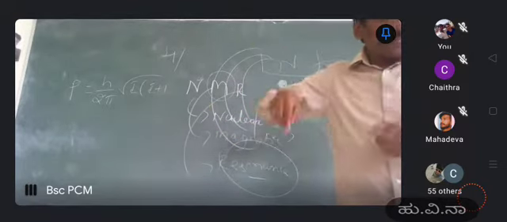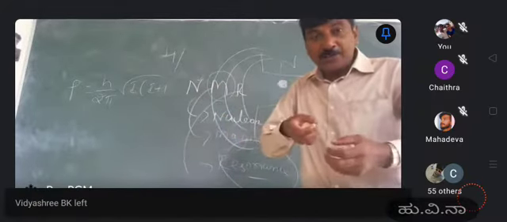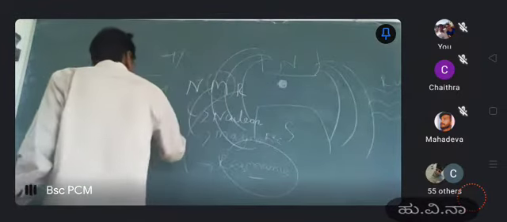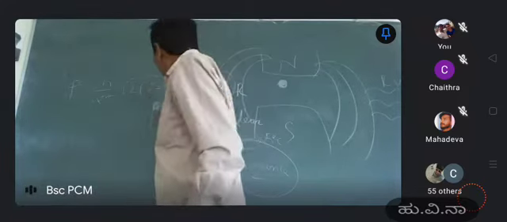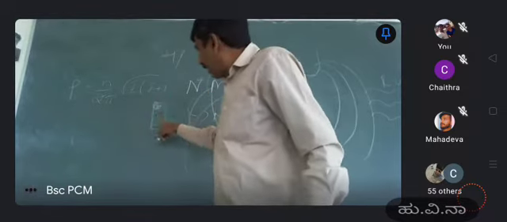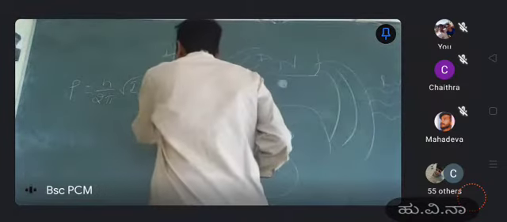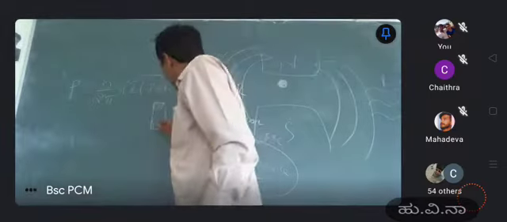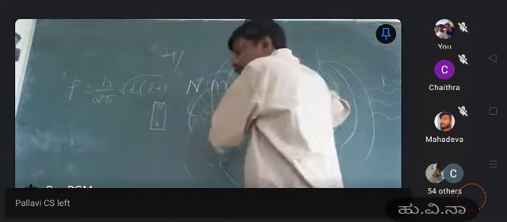This spin angular momentum in the nucleus automatically produces a magnetic dipole. This is your nucleus, and it acts as a tiny bar magnet. I am not going to consider positive and negative; I am going to consider a north pole at one end and a south pole at the other.